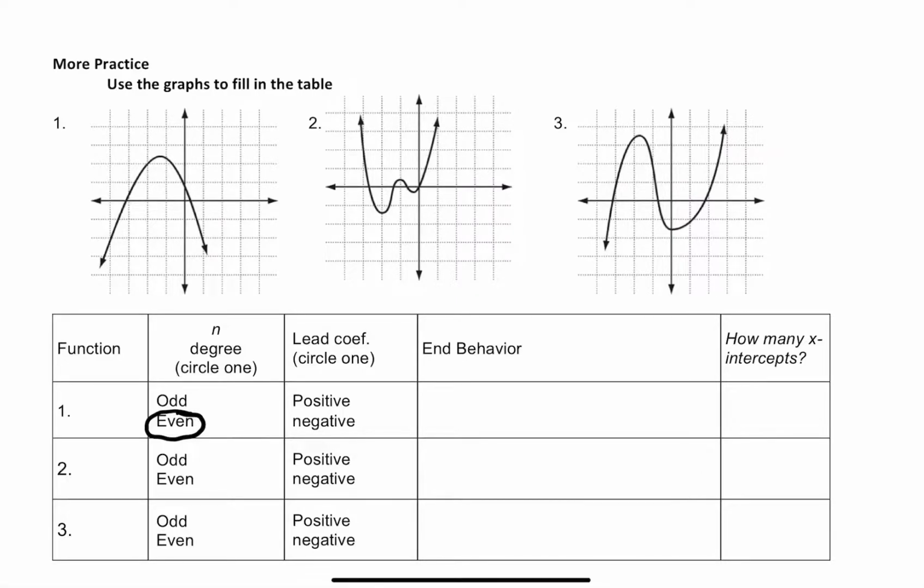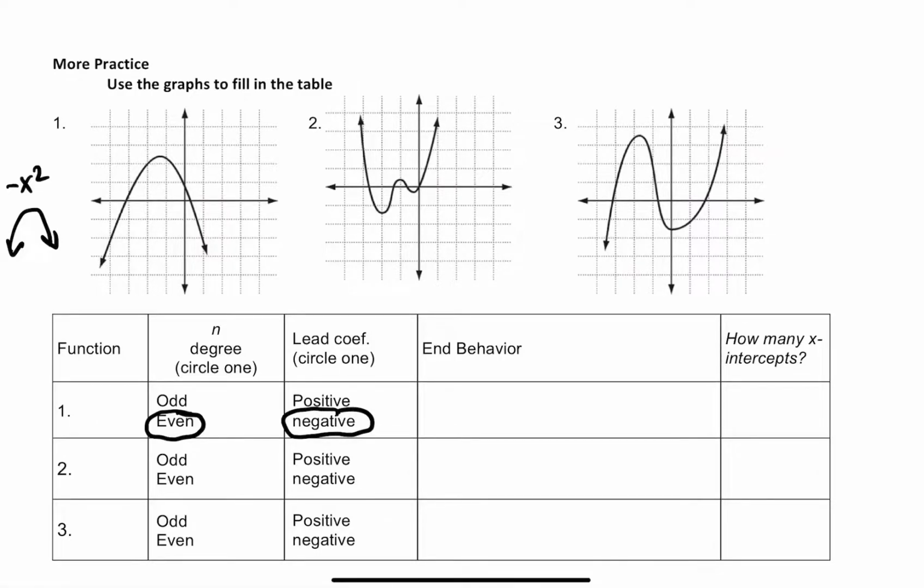Now, since the function is facing down, think of negative x squared. It looks like this. Since the function is facing down, it has a negative leading coefficient.